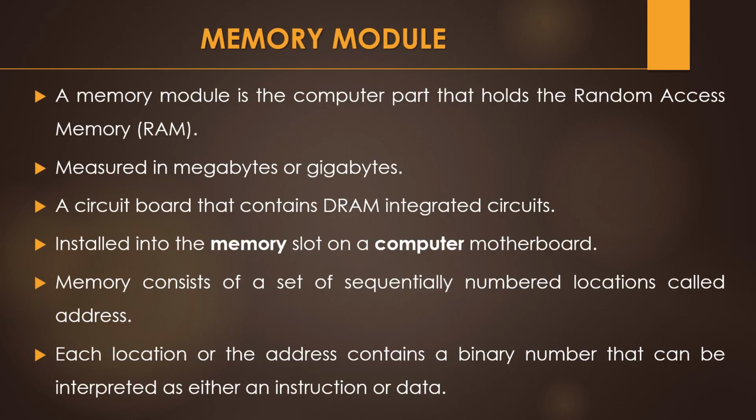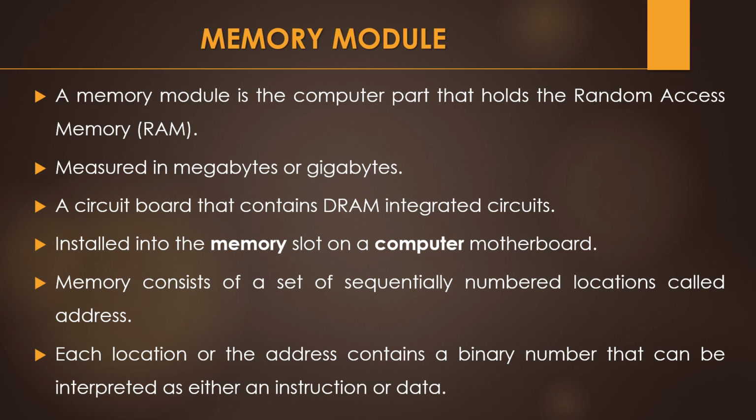Memory module. Whenever we buy any system or a mobile phone, we talk about the RAM memory. The memory module is the computer part that holds the random access memory. It is measured in megabytes or gigabytes. Actually, it is a circuit board that contains DRAM integrated circuits, and it is installed into the memory slot on the computer's motherboard.